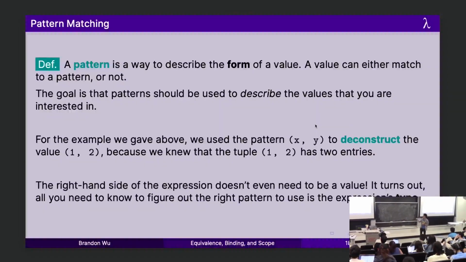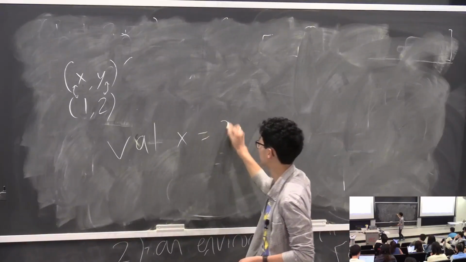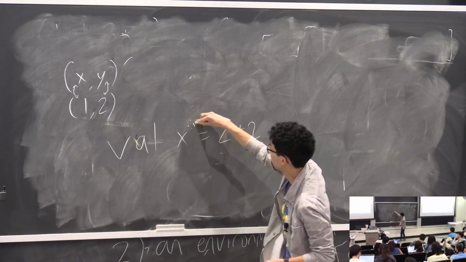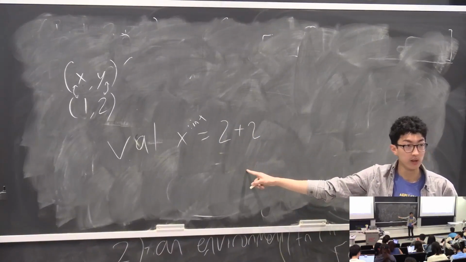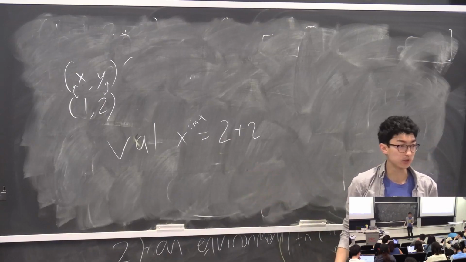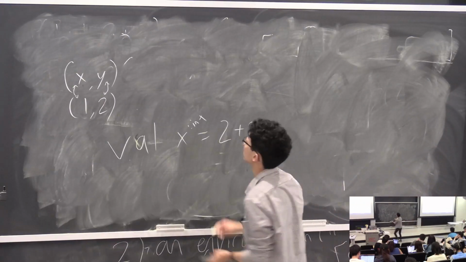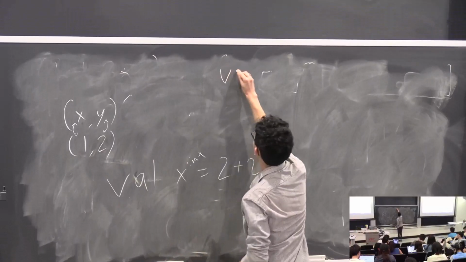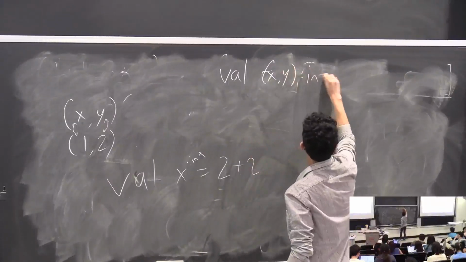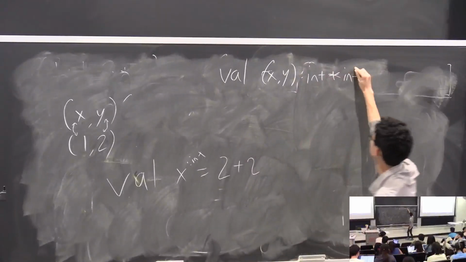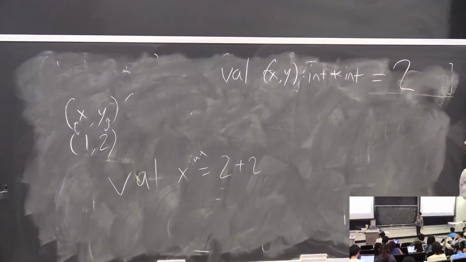The right-hand side of this val binding doesn't need to be a value. If I said val x = 2 + 2 : int, this could be an arbitrary expression. It doesn't matter what I put here, so long as the types match. For instance, suppose I had val x, y : int * int equals 2.